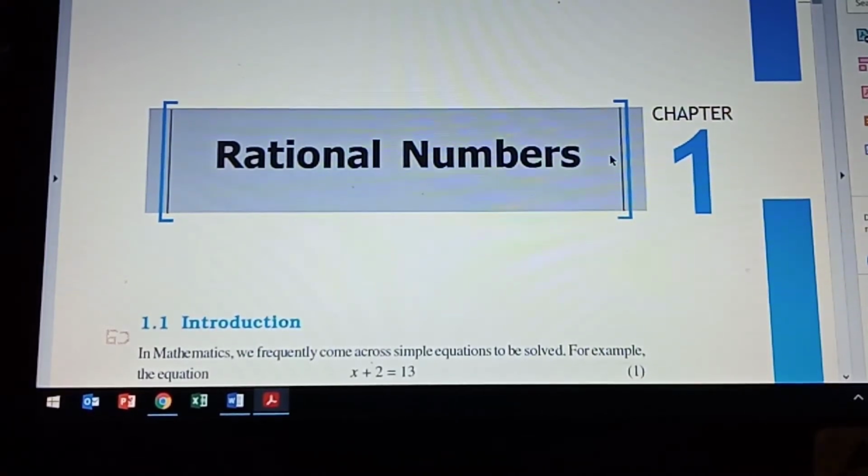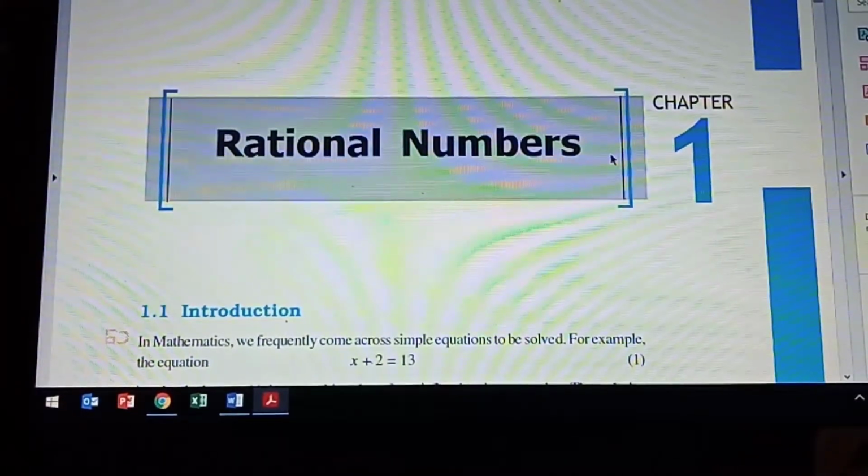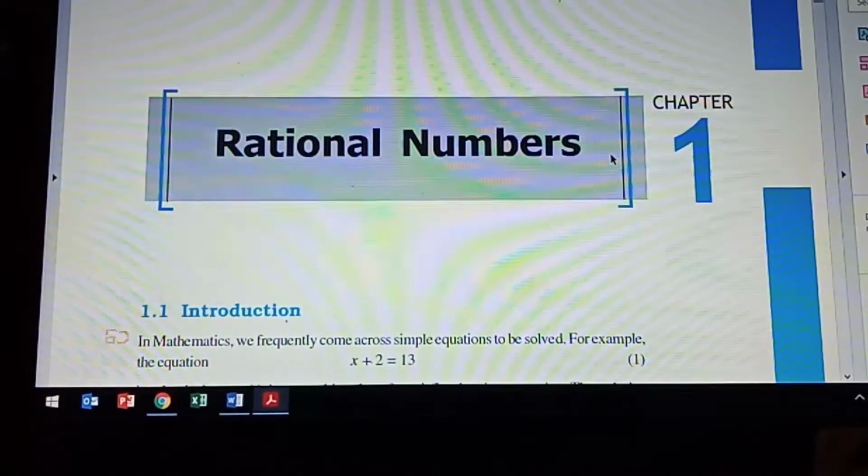Now you have jumped into the 8th class, so being higher study, you come to the rational number. All these numbers are parts of the natural, whole, odd and even numbers. Okay, let's begin this chapter.